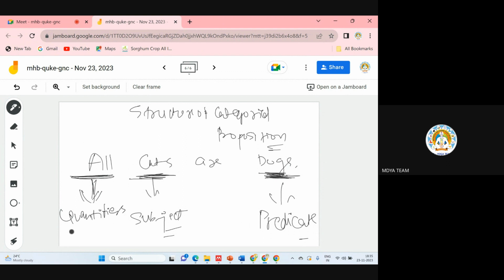They are talking about the quantity of the subject. So quantifiers are all, some, and no. All cats are dogs, some cats are dogs, and no cats are dogs.